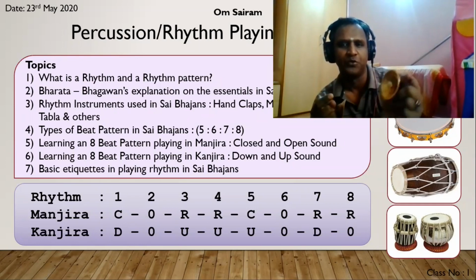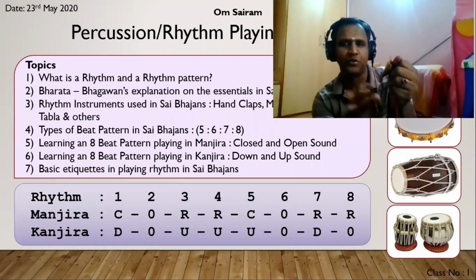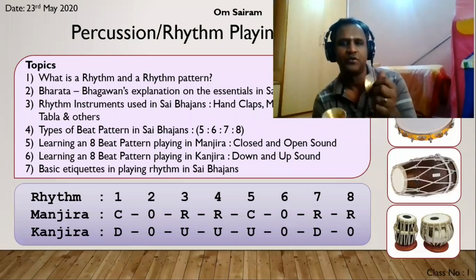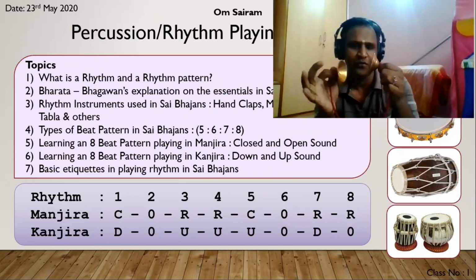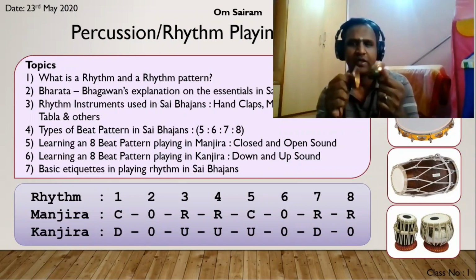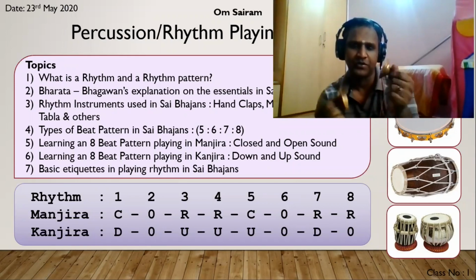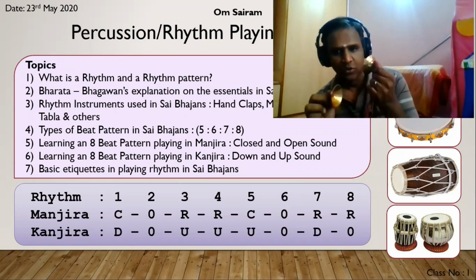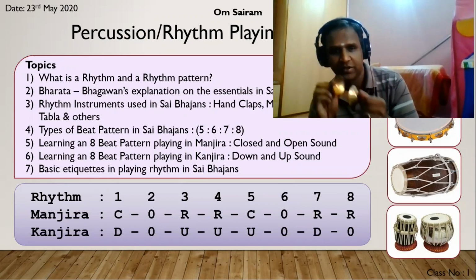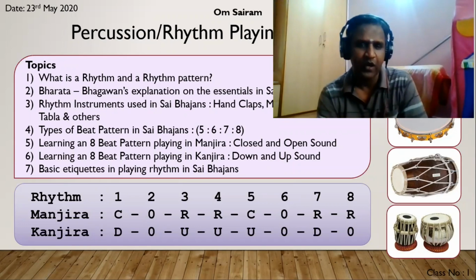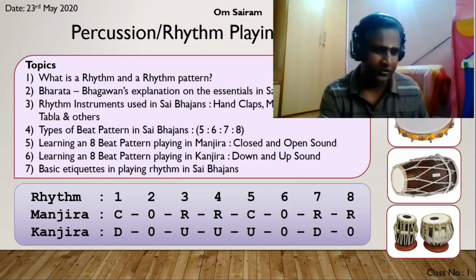If you play like this, you're using more of your skin, so it's dampening the vibration. Always try to play Manjira in such a way that the least amount of your fingers is used, so that it vibrates and you have a longer vibration. So this is close, this is open sound. This is close sound, and then it is Kanjira. So you have 2 sounds which are predominantly present.